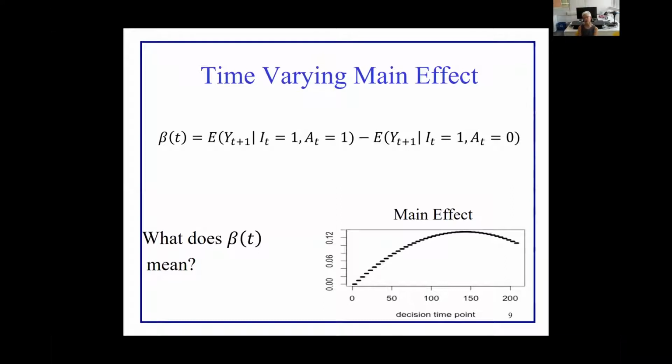There's another reason why this beta of t may vary over time. At any given decision time, this is an effect that's among the participants who are available at that time. So suppose some group of people really start to engage with these suggestions. And they experience a positive habituation in the sense that they start to incorporate walking around these 5 times of the day related to their employment.